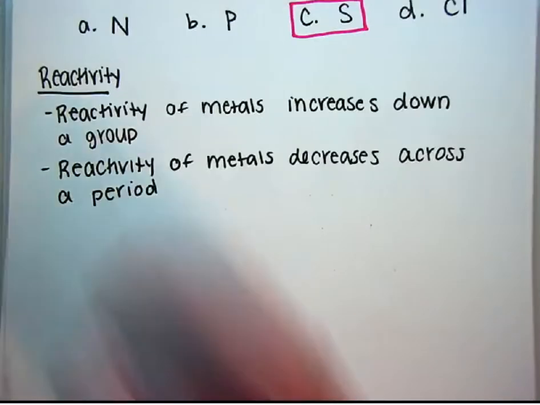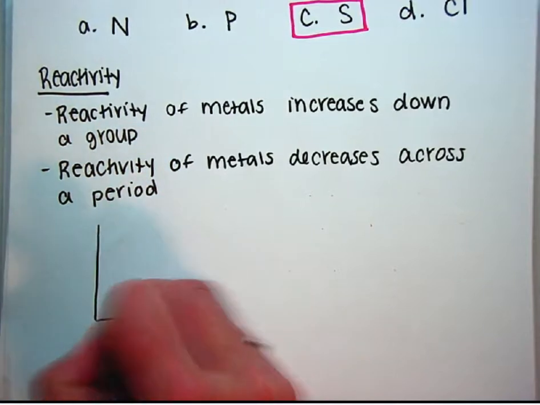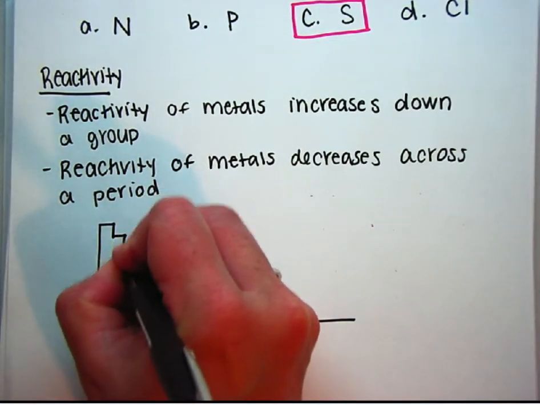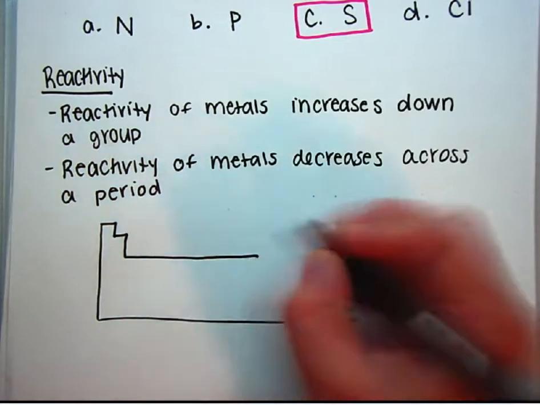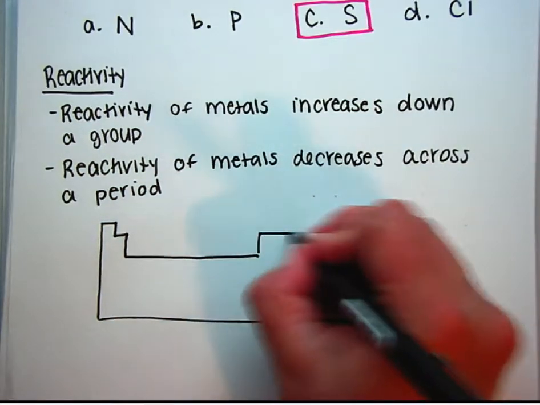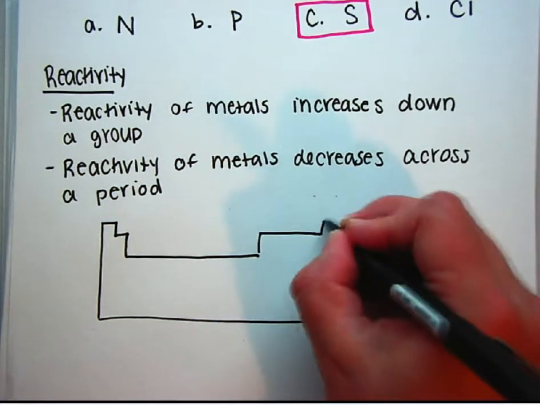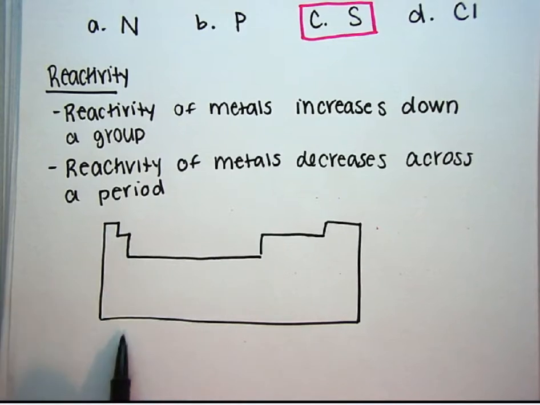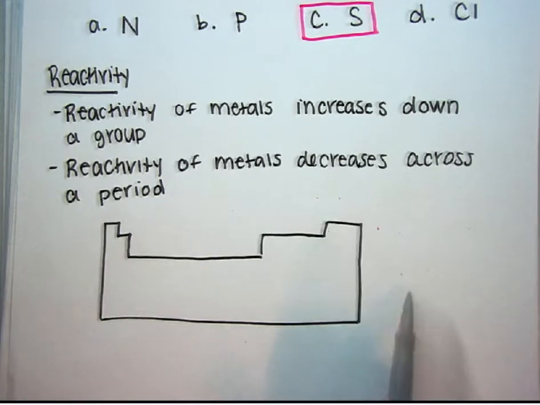So let's say we have our periodic table and it looks something kind of like this. Reactivity increases down a group. So as we go down, reactivity increases. It decreases as we go across.